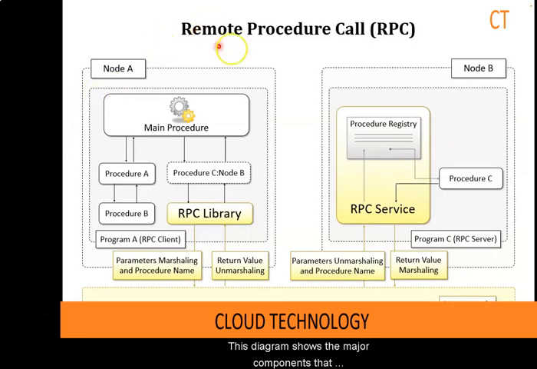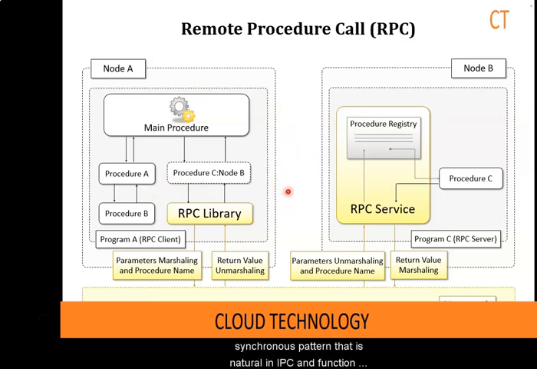This diagram shows the major components that enable an RPC system. The system is based on a client-server model. The server process maintains a registry of all the available procedures that can be remotely invoked and listens for requests from the clients that specify which procedure to invoke, together with the values of the parameters required by the procedure.